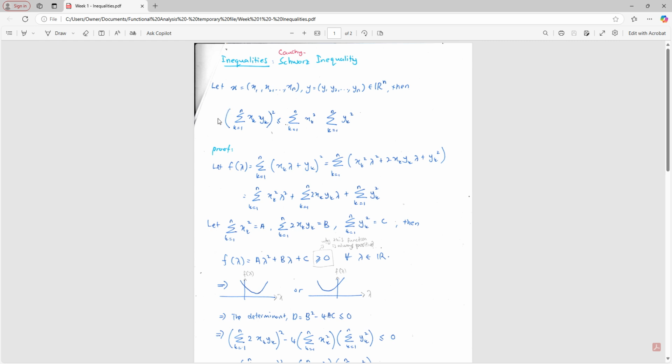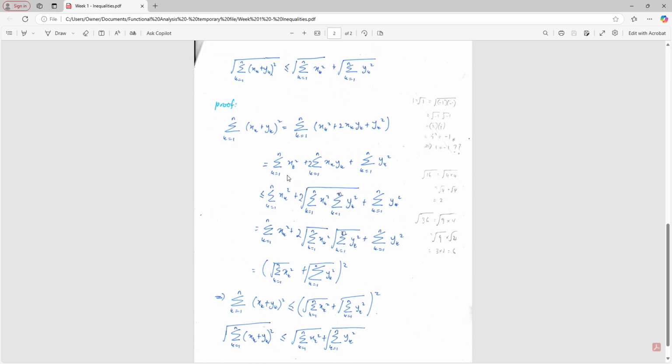I take the square root over here and the square root over here, so I will get what I'm looking for here. So this part should be less than this part. Okay, so applying the Cauchy-Schwarz inequality, I will have this estimation.